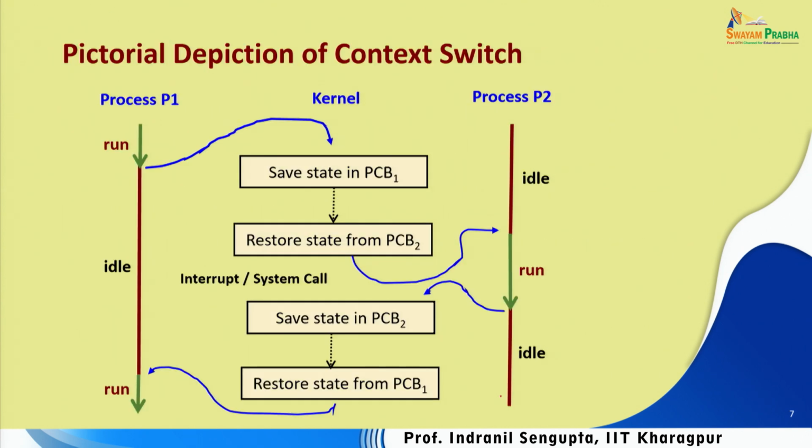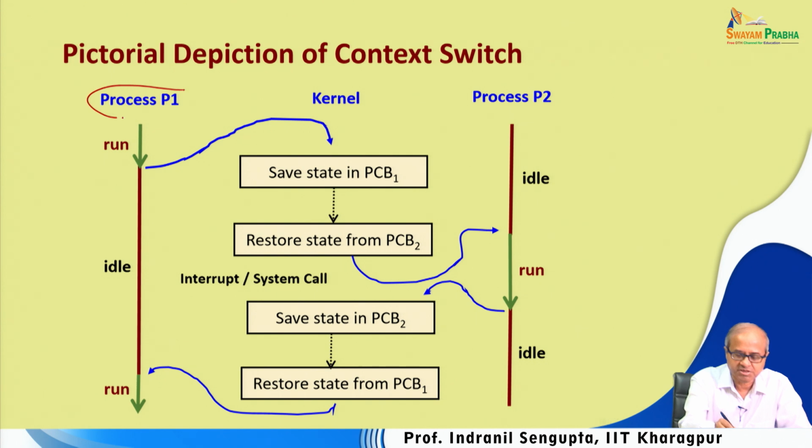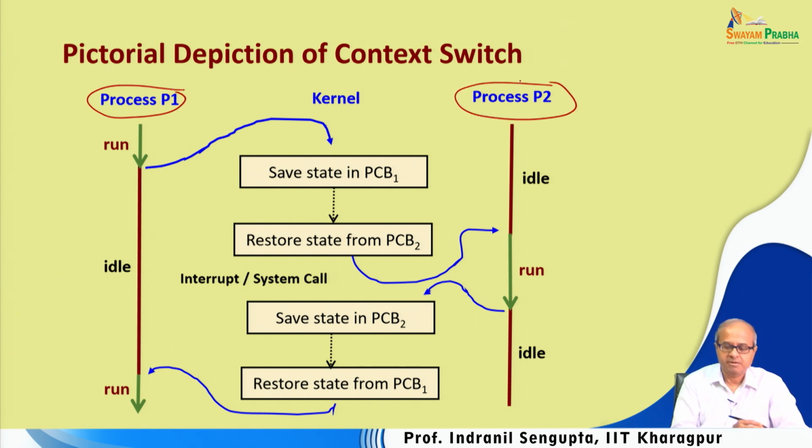Now, whenever a context switching occurs, pictorially it can be shown like this. Let us assume there are 2 processes, P1 and P2 running on the system. So, initially the process P1 is in the running state, it was running. Okay. Now, during running, for some reason it has to release the CPU, maybe it has invoked a system call or some interrupt has come.